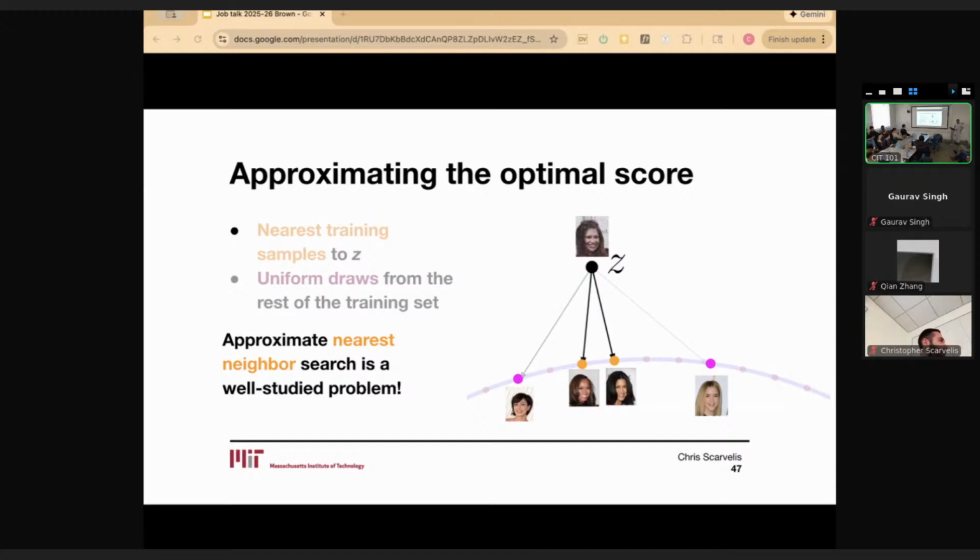Does it matter what sort of feature space you do this nearest neighbor search in? Like, are you just doing it in terms of the pixels, or is it like some other lower dimensional feature representation? So for the purpose of this paper, we did the search in pixel space. You're absolutely right that you'd expect that doing this in a latent space would allow you to pick up on maybe a more semantically meaningful notion of similarity.